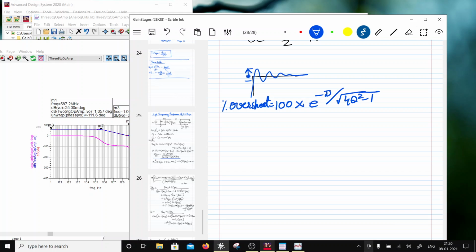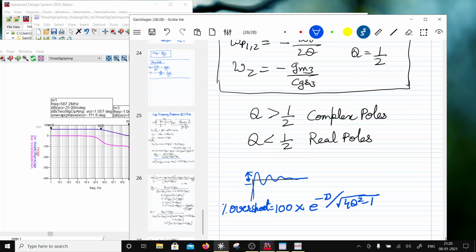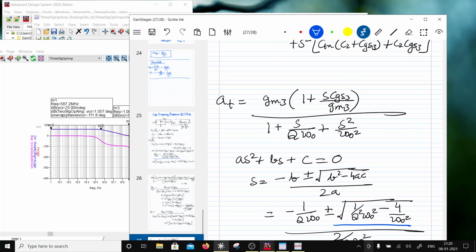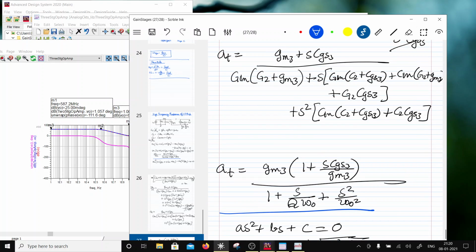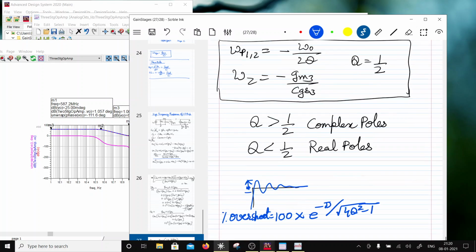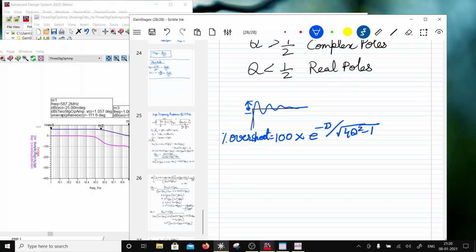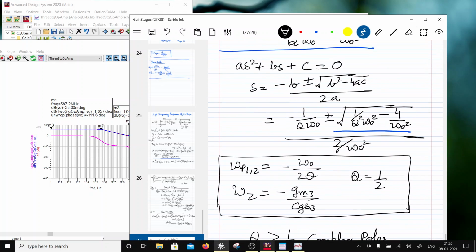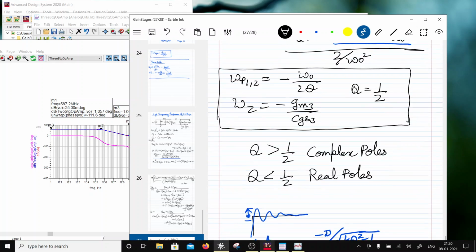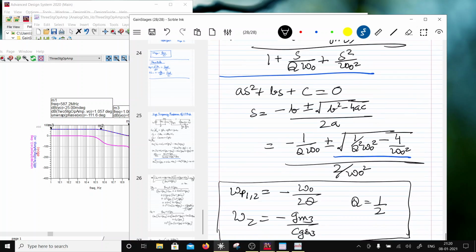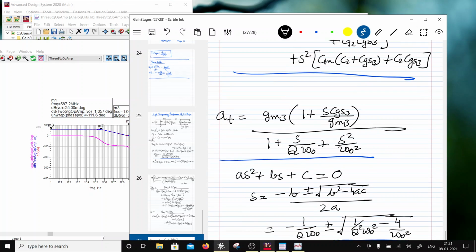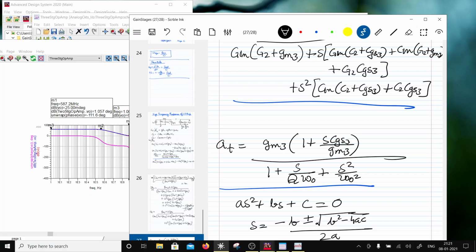Now from this equation, let's compare the two equations and put down the natural frequency of this second order system. In this case Q would be given by square root of, from the second term, compare that here and here. So this term is equal to g in g2.